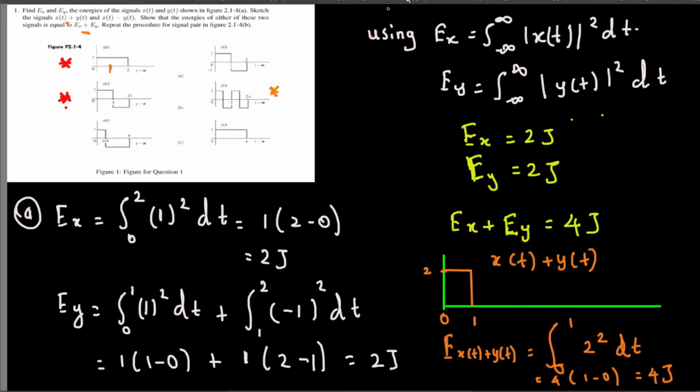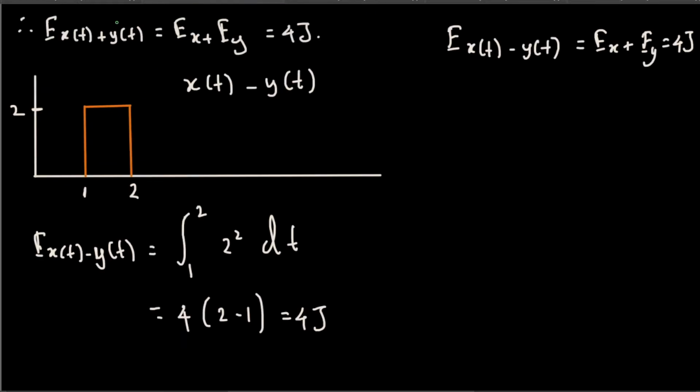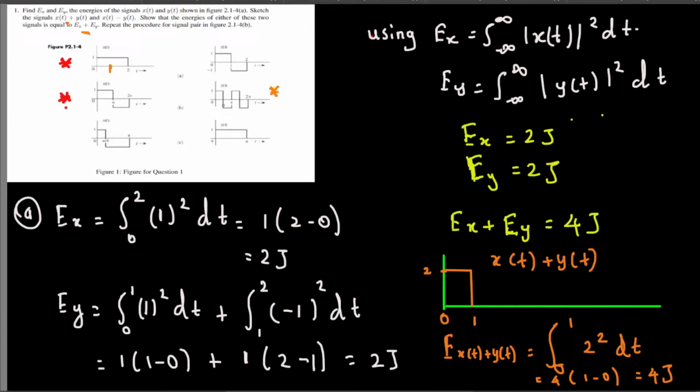So what we are going to have here is 2, and this is from 5 by 2 to 5. Yeah, that is plus 2, 5 by 2 to 5. 1 minus minus 1, that's plus 2.